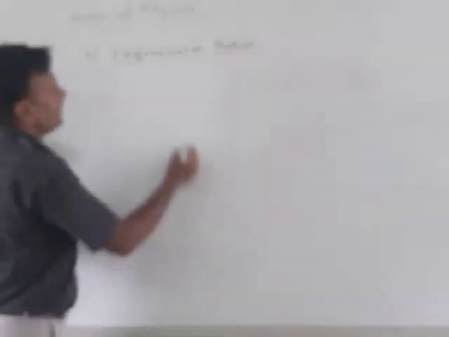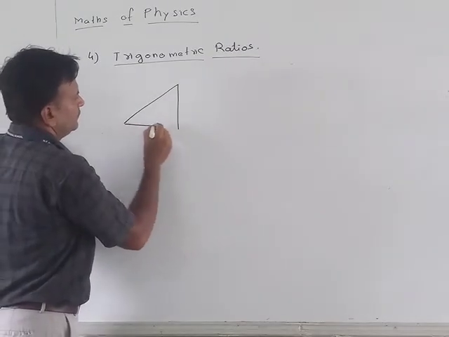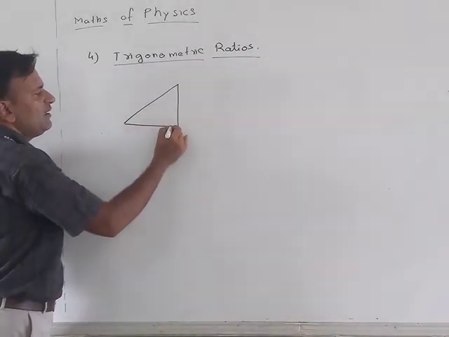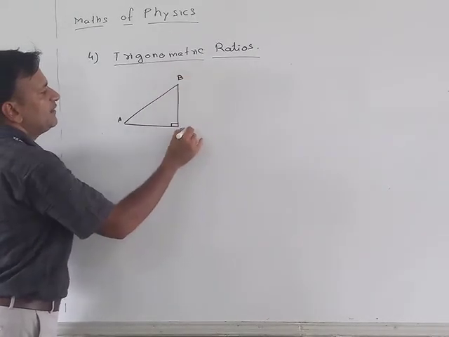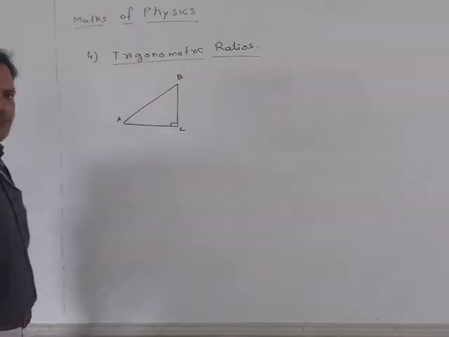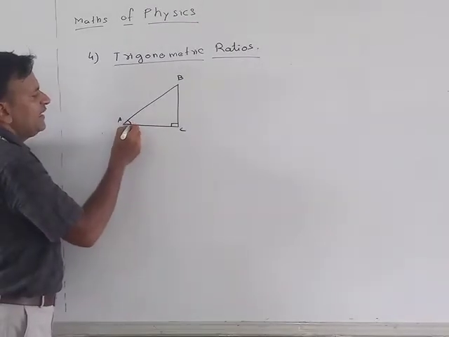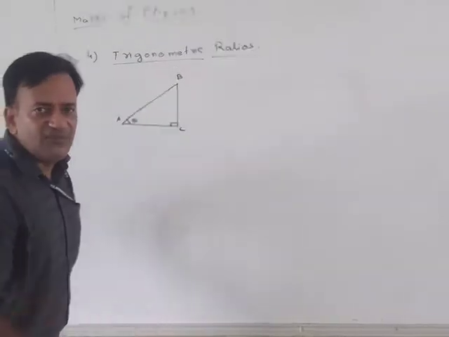Now, the right angle triangle. This is a right angle triangle, A, B, C. If I mark this angle as theta, listen very carefully.